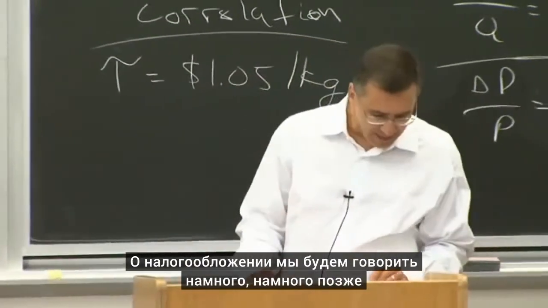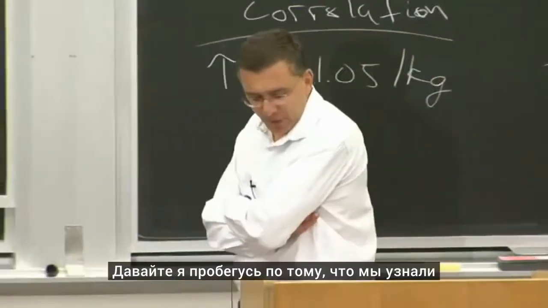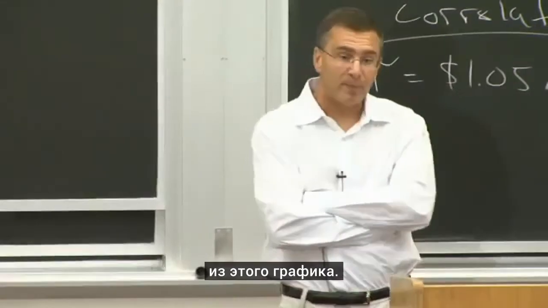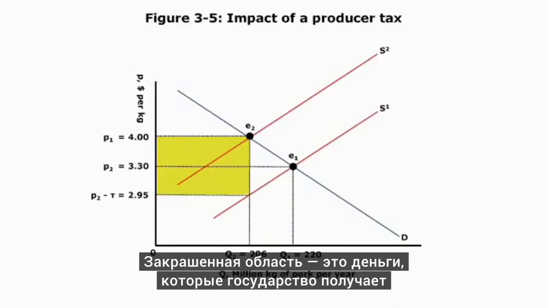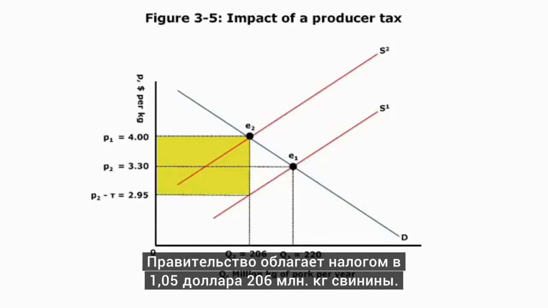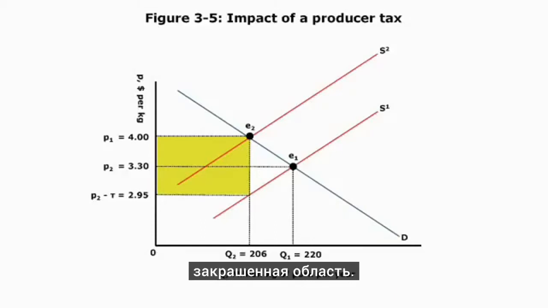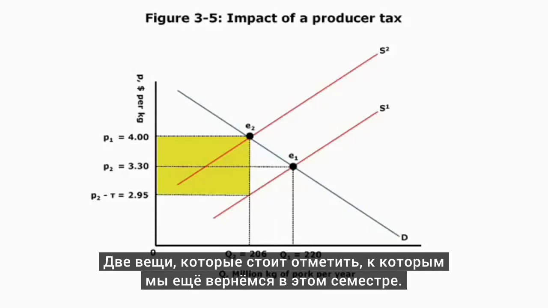Now, we're going to talk about taxation much later in the semester. Let me just talk for 1 minute about what we learned from this graph. What happens? Well, the shaded area is the money the government raises from its tax. The government has a tax of $1.05 at 206 million kilograms. So it raises $1.05 times 206 million kilograms, which is that shaded area. 2 points to note that we'll come back to later in the semester.